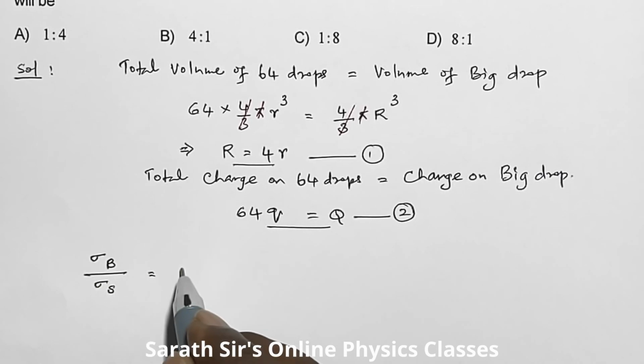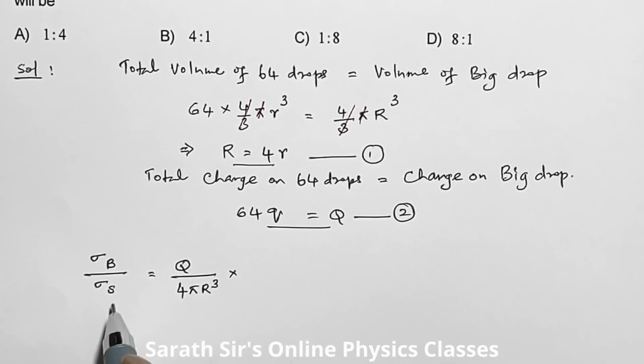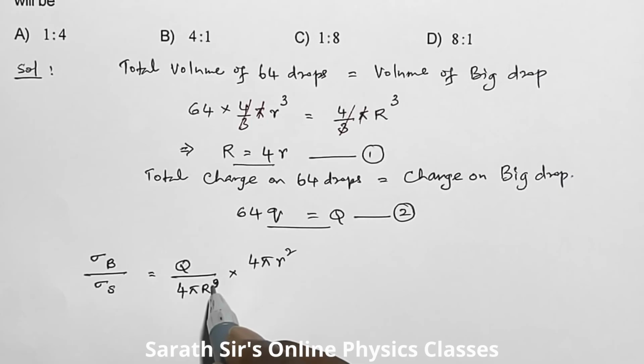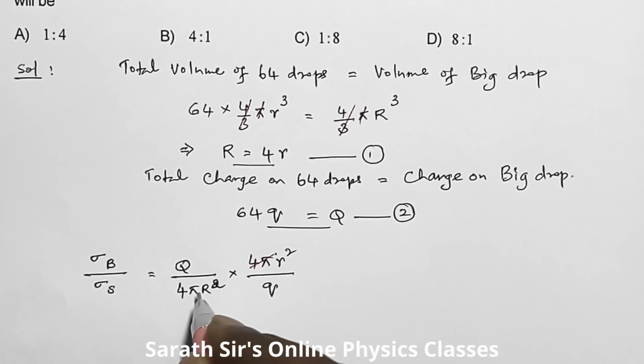For the big drop, the formula is charge per area, Q by 4 pi R square, into, for the small drop, it becomes reciprocal, 4 pi r square by small q. Here the common thing is 4 pi.